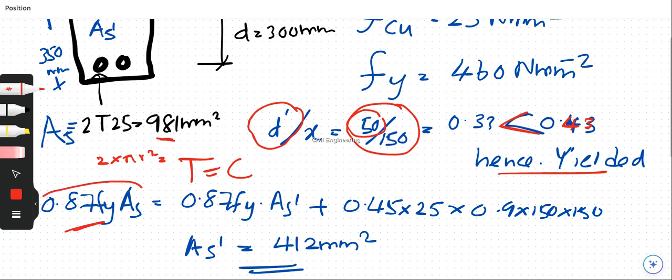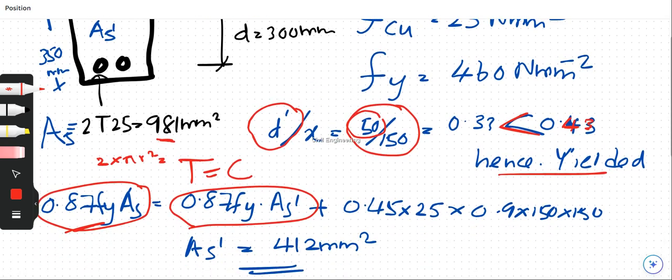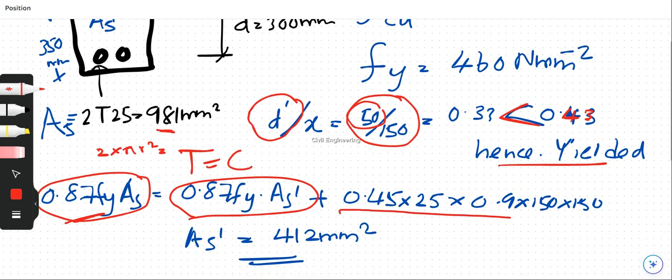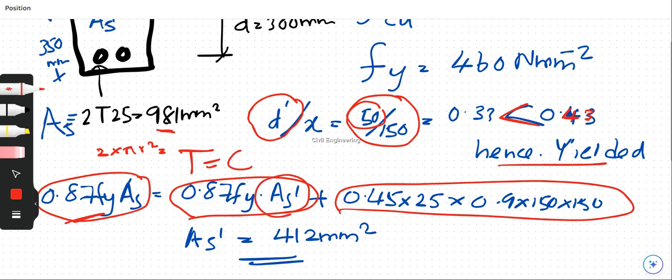This one is the tensile force by the bottom reinforcement and this one is the compression force of the top reinforcement, and the remaining compression force will occur in the concrete. By solving for A dash, the area of the compression steel, we can take it as 412 square millimeters.